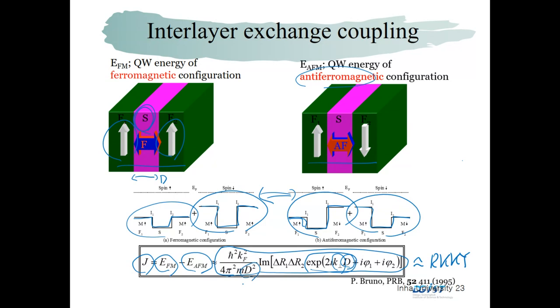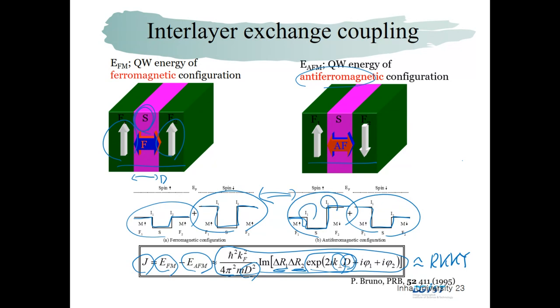And also, this d-square term represents the decrease of the coupling strength with increasing spacer layer thickness d. And this delta R1 and delta R2 mean the difference of the reflection coefficient for spin up and spin down at the first and the second interface.